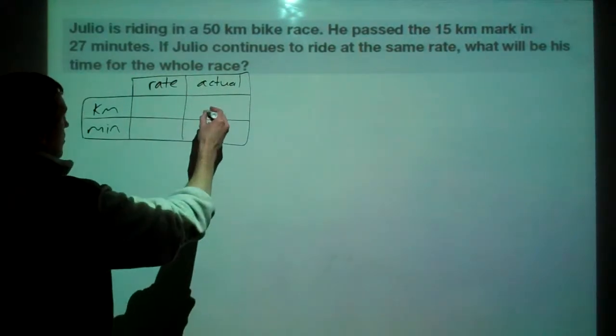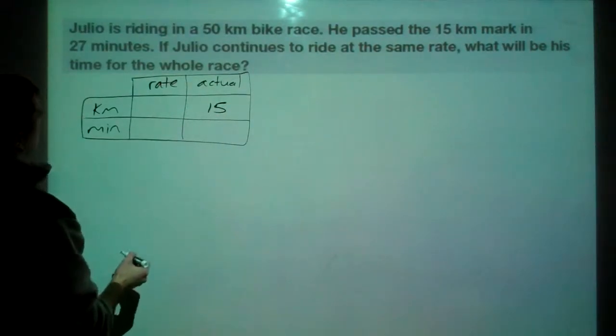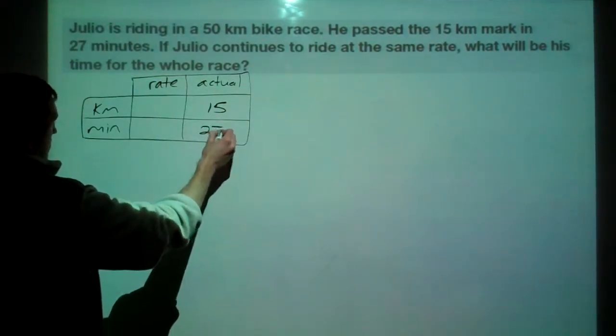He's actually gone 15 kilometers, and he did that in 27 minutes. Now, he is going to go 50 kilometers.